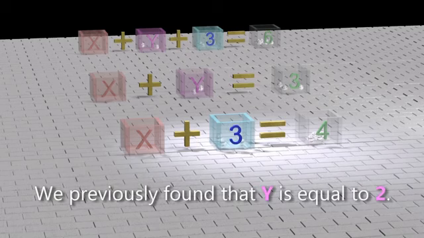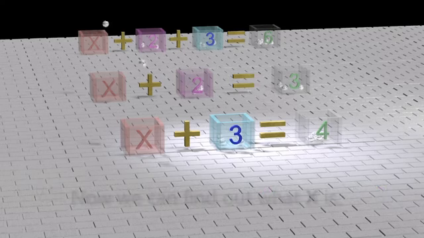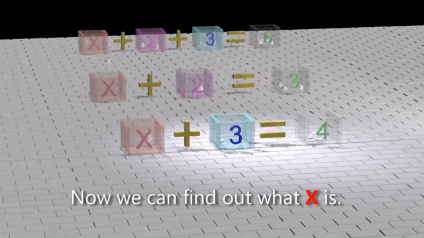We previously found that y is equal to 2. Now we can find out what x is.